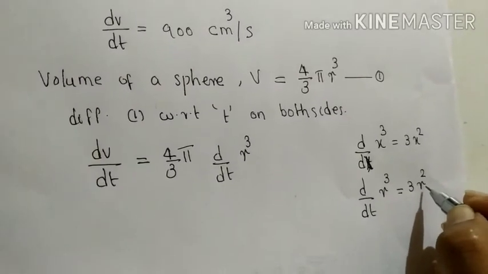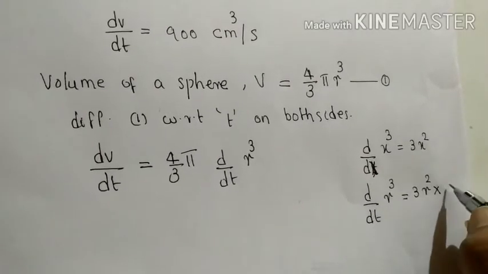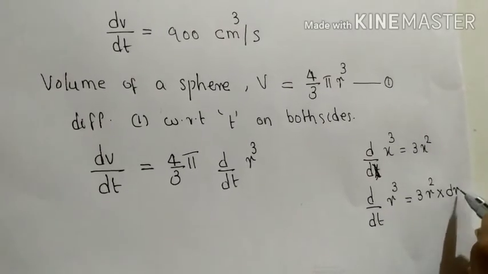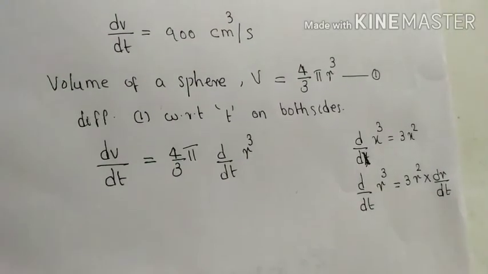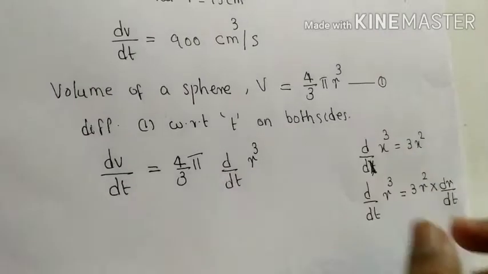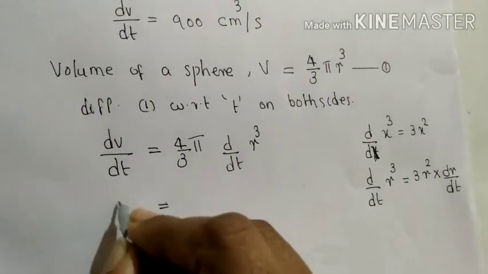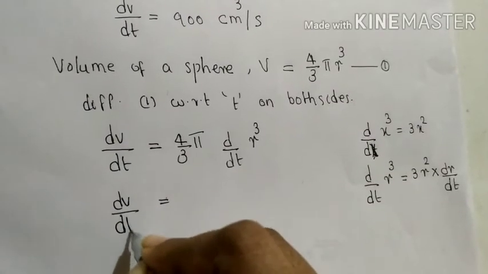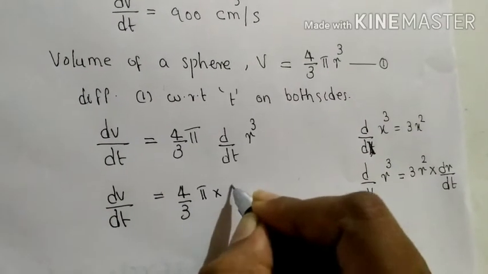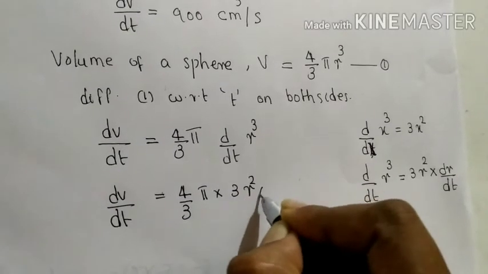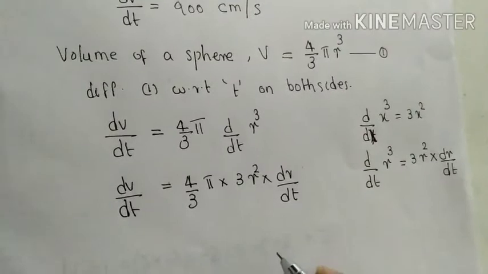Here r is another function, so using chain rule, we need to write the derivative of r, dr by dt. Replacing this, we get dV by dt equal to 4 by 3 pi into 3r square into dr by dt.